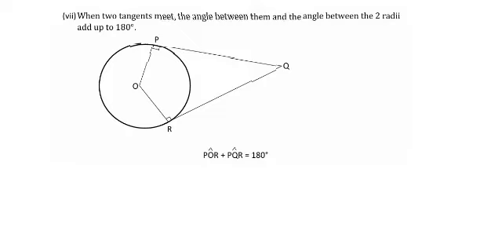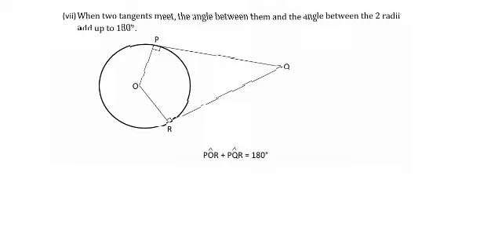The last property is that when two tangents meet, so tangent PQ and tangent RQ, the angle between them and the angle between the two radii add up to 180. What do they mean?